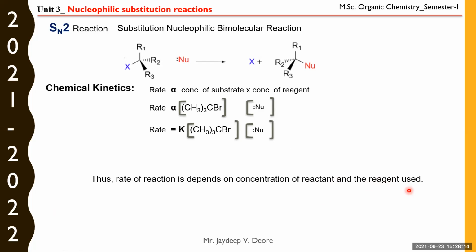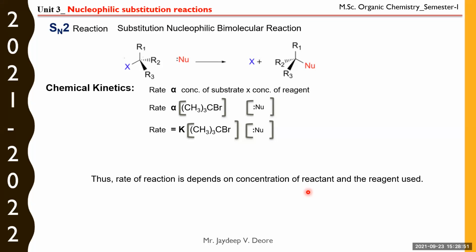It means in the slow step, the concentration of the reactant as well as the concentration of the nucleophile is important. From this, we can easily say that in the slow step, the concentration of the reactant is important and the concentration of the nucleophile is also important.